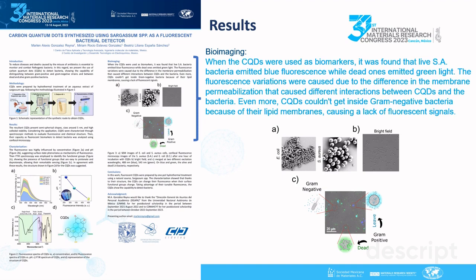The ability of carbon quantum dots to selectively image gram-positive bacteria can be attributed to the difficulty of intracellular access of carbon quantum dots caused by the inner and outer lipid membranes of gram-negative bacteria. Additionally, the ability to distinguish between live and dead bacteria can be attributed to different interaction and permeabilizing membrane action between the carbon quantum dots and the bacteria.